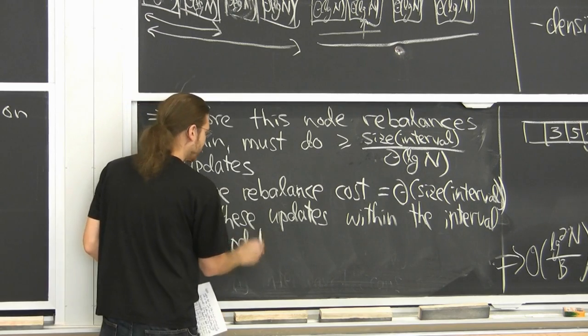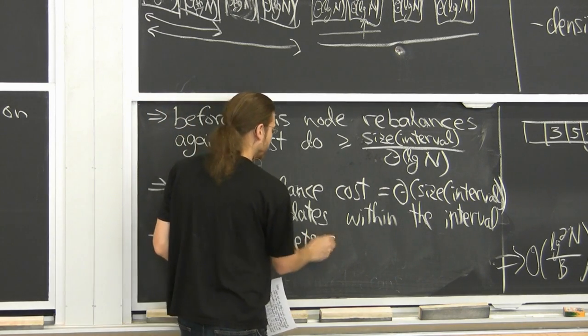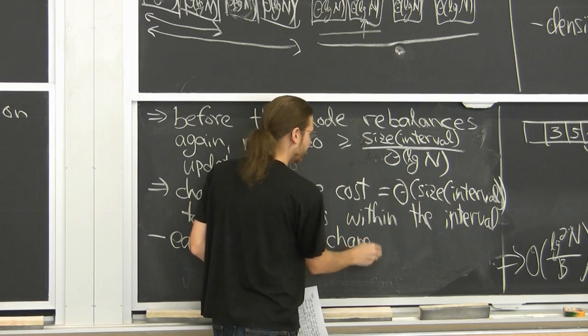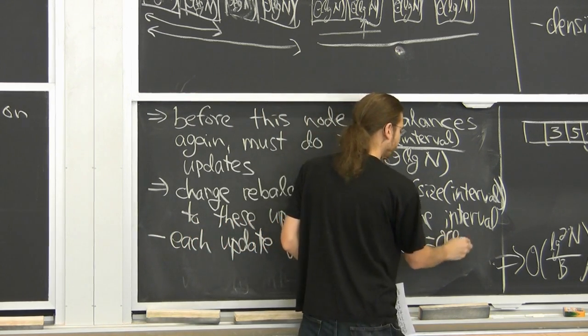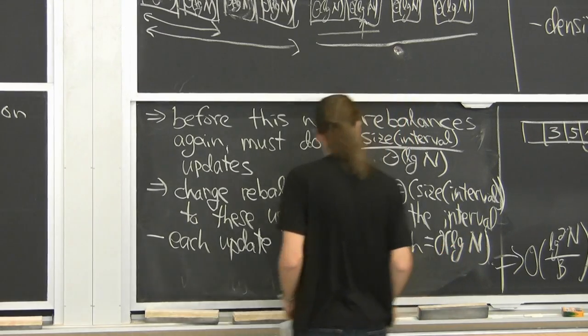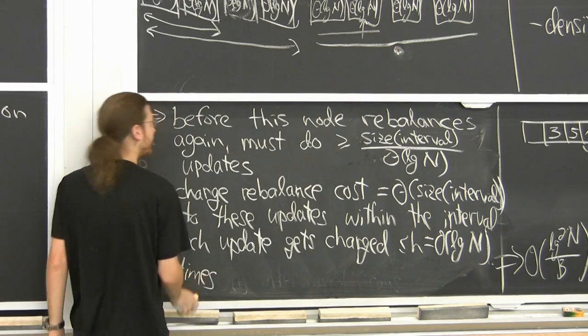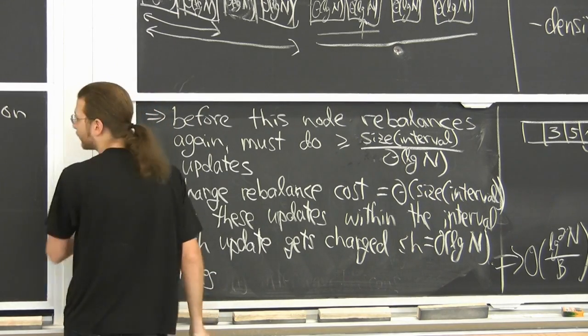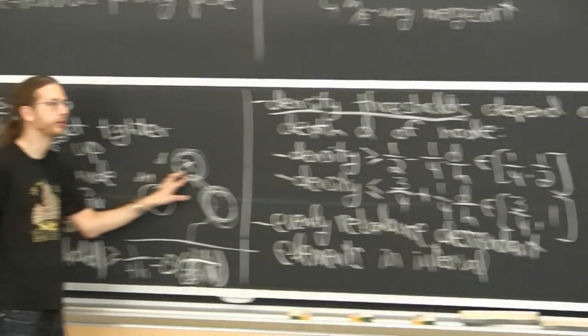Each update gets charged at most h, which is order log n times. So we looked at what happens for node x, but we have to apply this argument simultaneously for all nodes x.